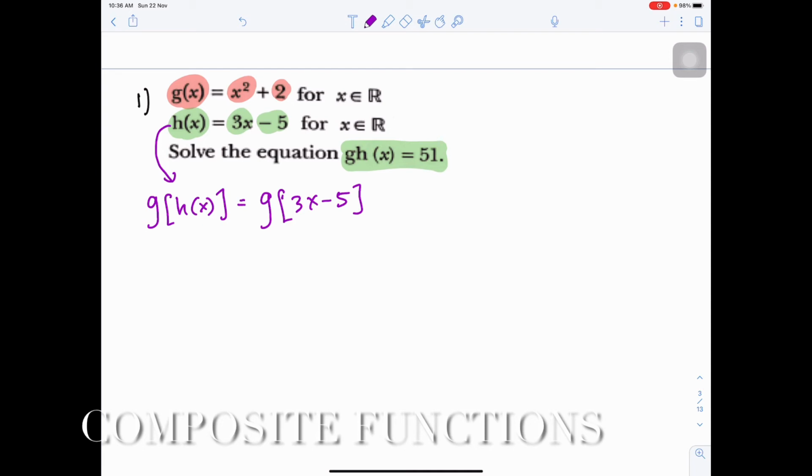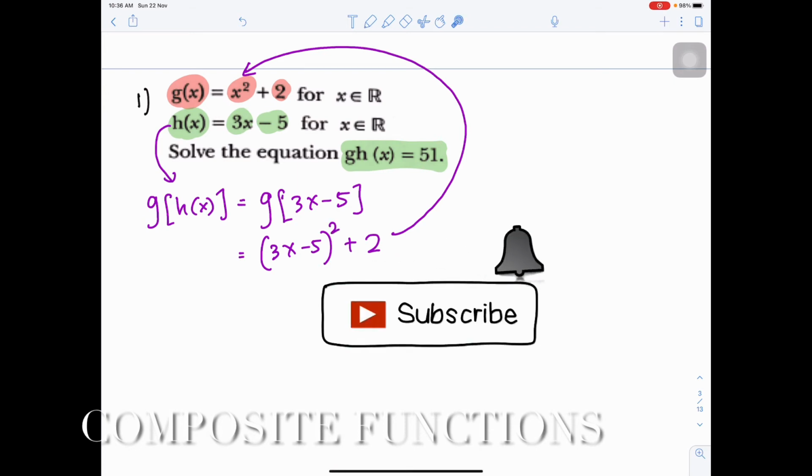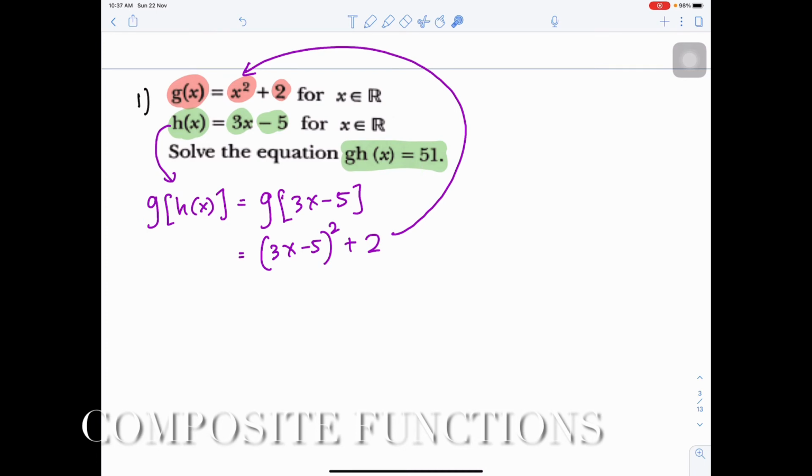So we substitute 3x minus 5 into g(x), which equals x squared plus 2. I hope you can understand. When we substitute the value of 3x minus 5, that's why it becomes like this.